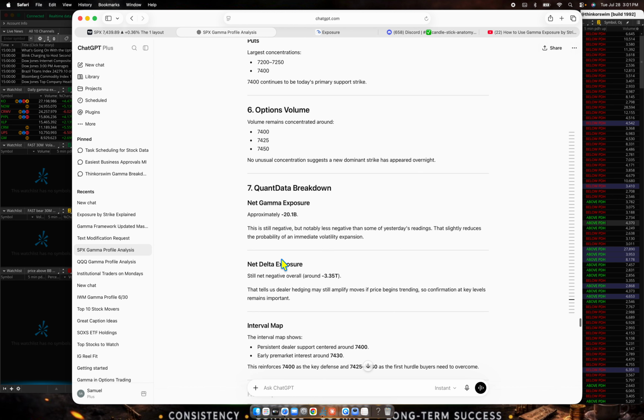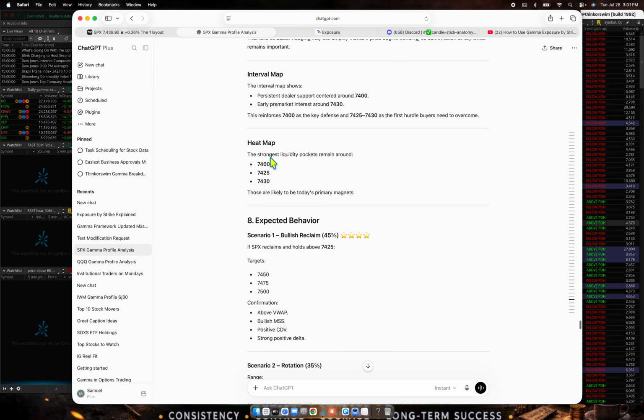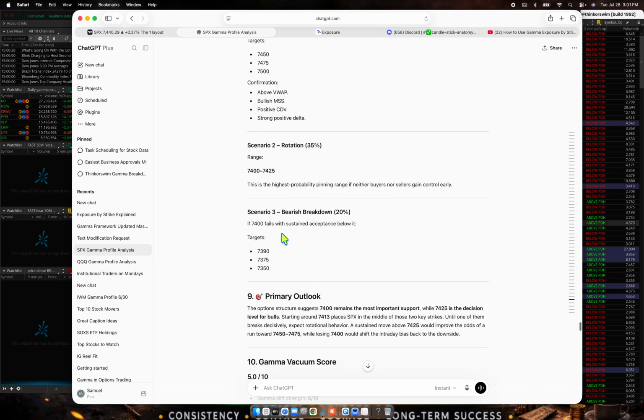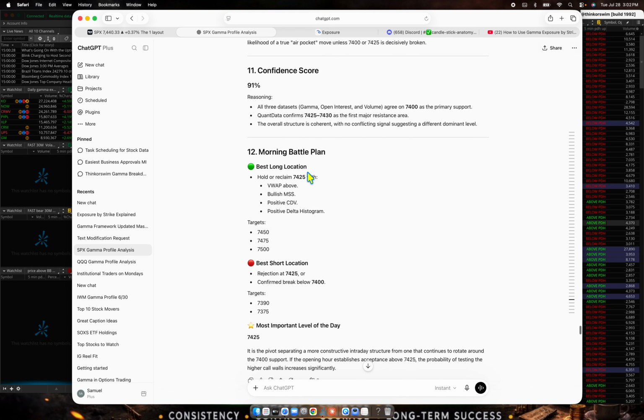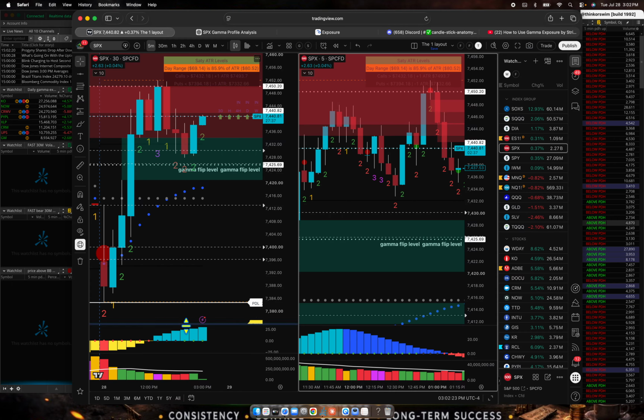Our heat map, expected behavior, targets, primary outlook, and morning battle plan: best long location, hold or reclaim 74.25. Best short location, rejection at 74.25 or confirmed break below 7400, targets 73.90 and 73.75. When we go back and look, we didn't get to 73.75, but we got pretty close.